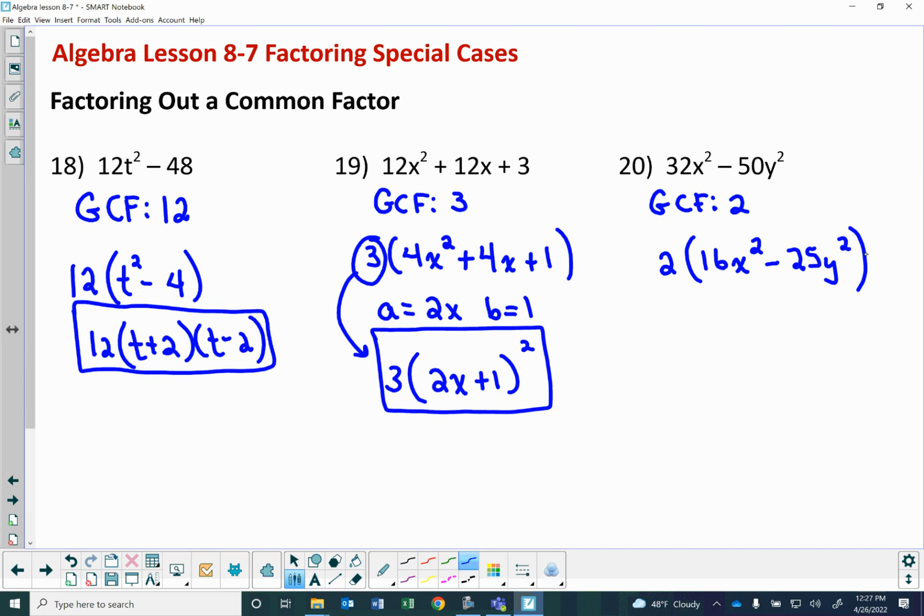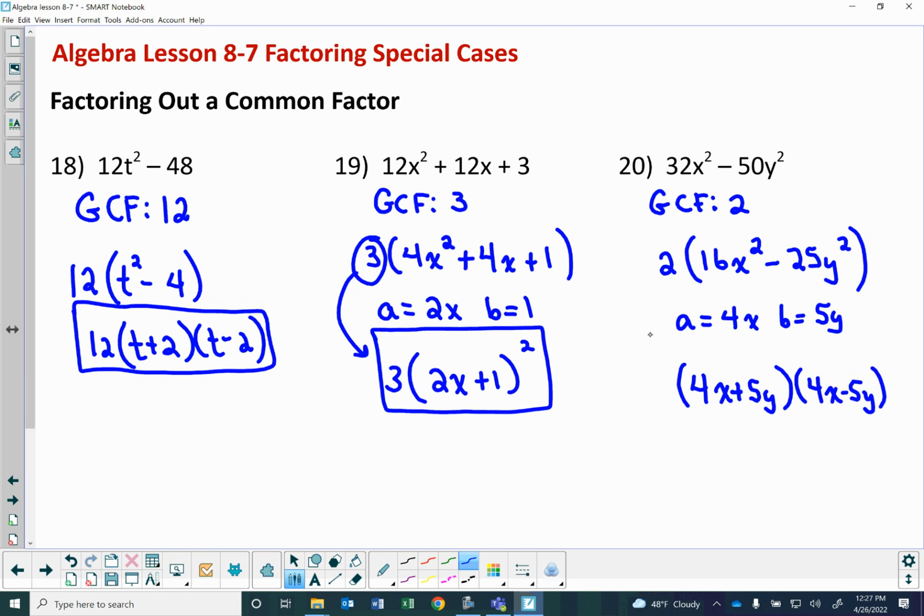Now I have the difference of two squares because 16x squared is a perfect square, 25y squared is a perfect square, and there's a minus sign between them. So my a term is 4x and my b term is 5y. So I will have 4x plus 5y times 4x minus 5y.